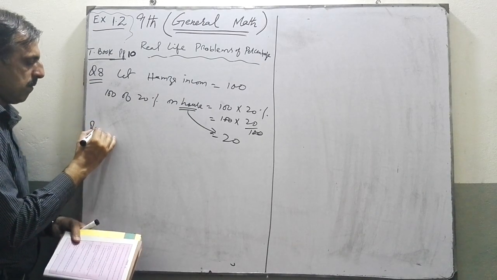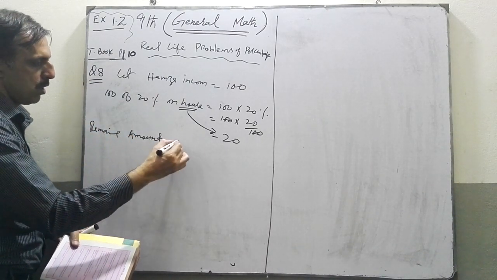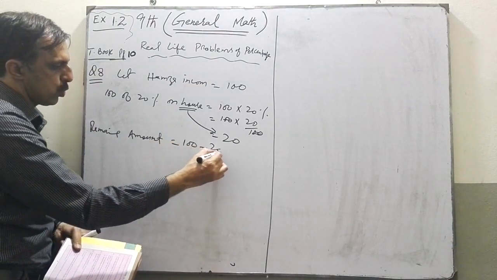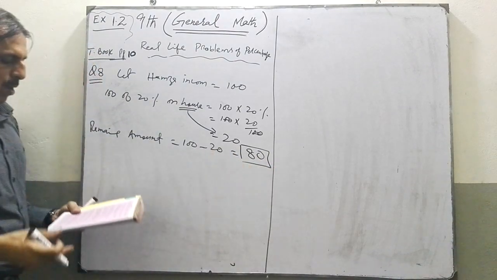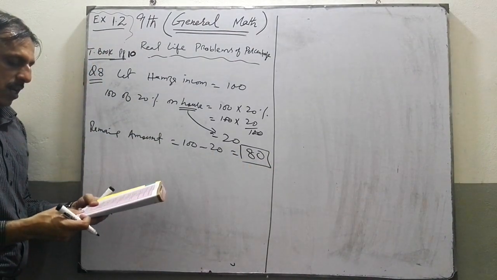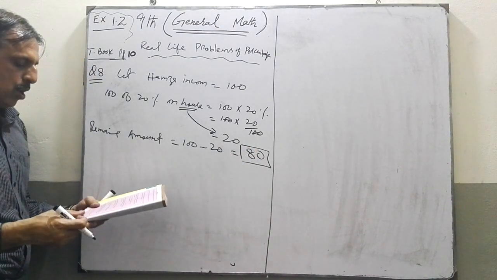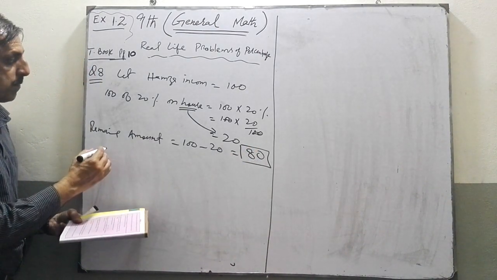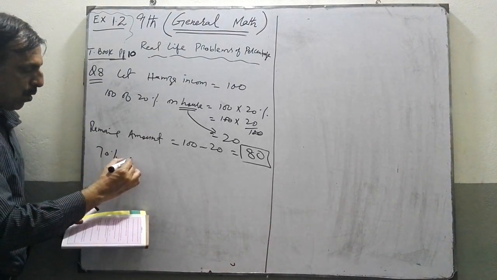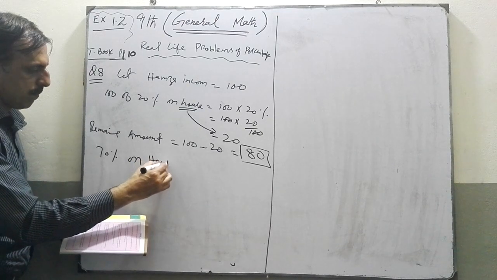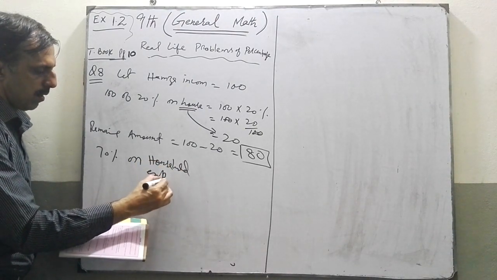Remaining amount is 100 minus 20, equal to 80. That is his remaining amount. In the next step, from the remaining amount he spent 70% on household expenditure.